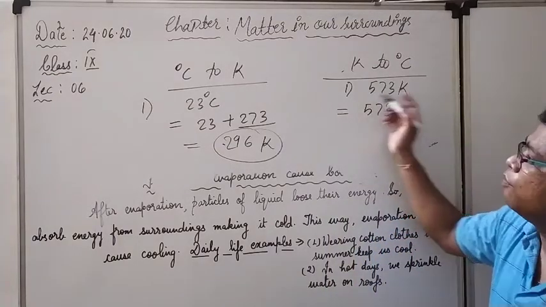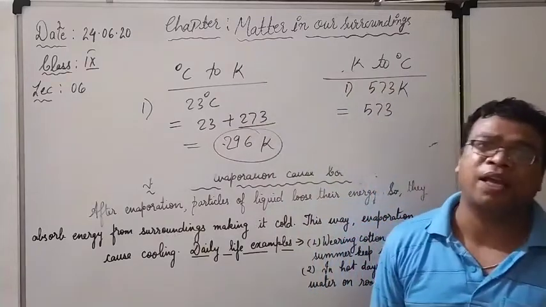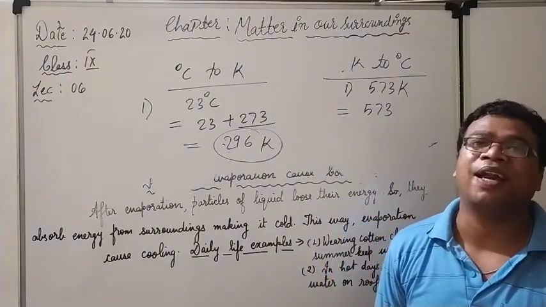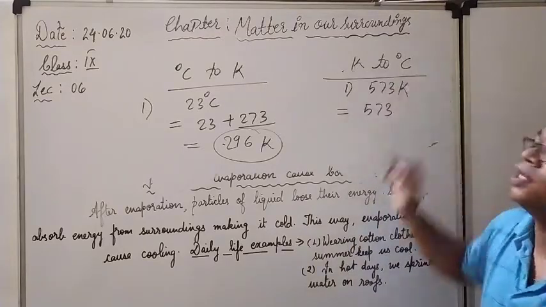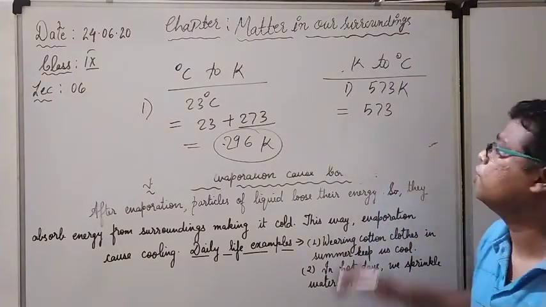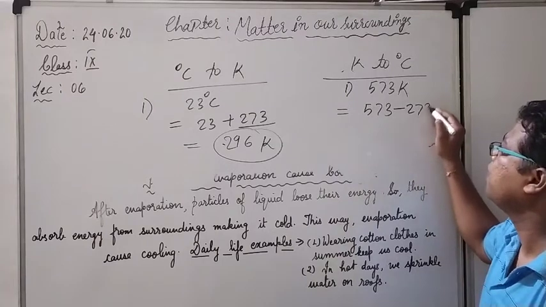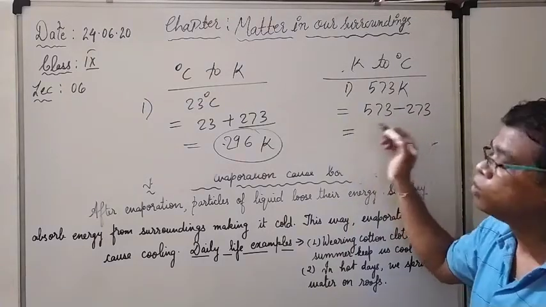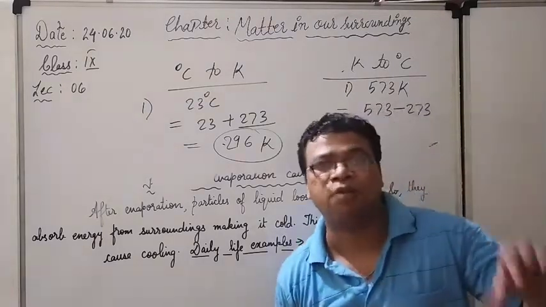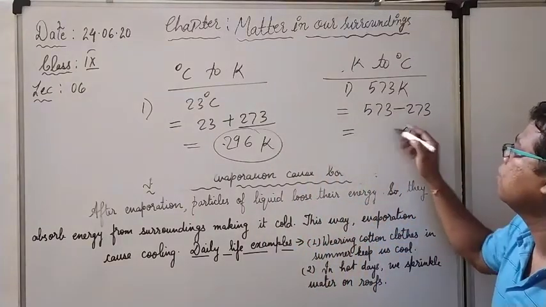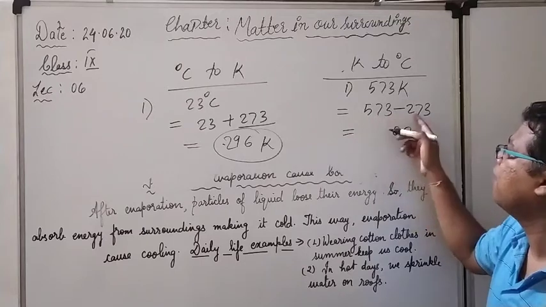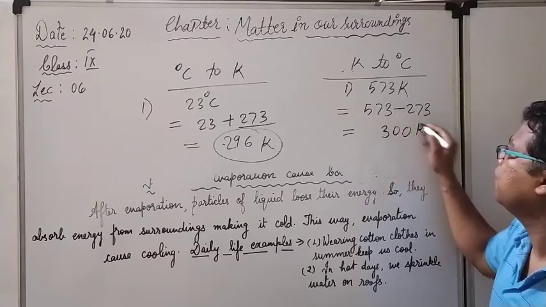We know that when we convert degree centigrade into the Kelvin scale, we add 273. And here we are converting Kelvin into degree centigrade, so we should subtract 273 from the Kelvin scale, so that we can convert the Kelvin into degree centigrade. So what is the answer? 3 minus 3 is 0, 7 minus 7 is 0, and 5 minus 2 is 3. So it will be 300, sorry, this is the degree centigrade.